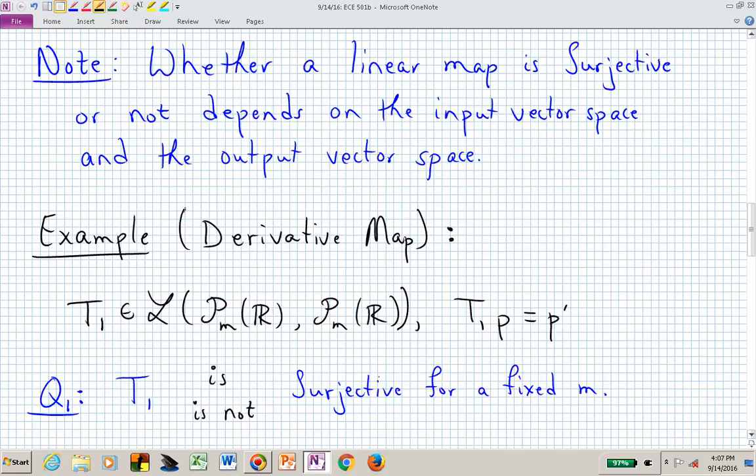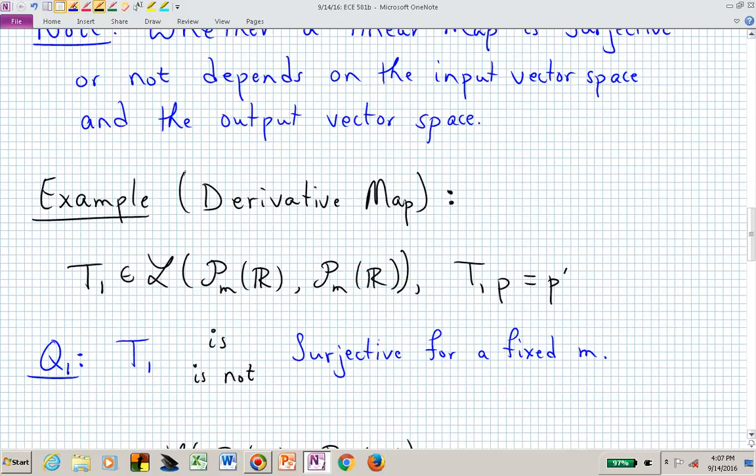Quite a few thumbs are pointing down, which says it is not. Why is it not? If we take a vector space of order 2 polynomials and we differentiate that, then that x squared is never going to be x squared again, is it, once you differentiate it once?